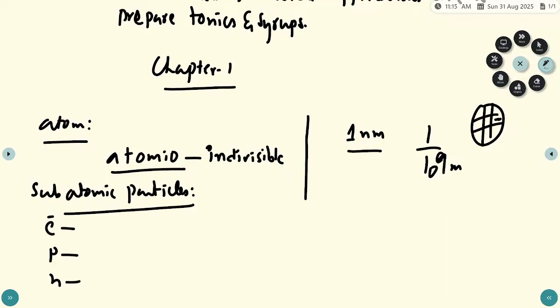So what is electron? Negatively charged particles are called electrons, which were discovered by J.J. Thomson. Who named the electron?